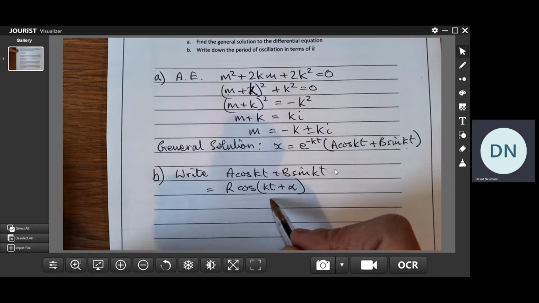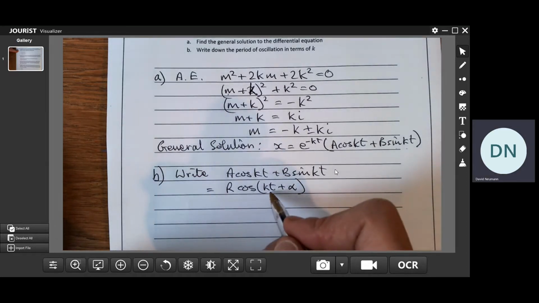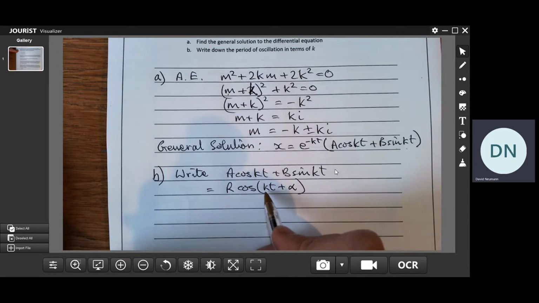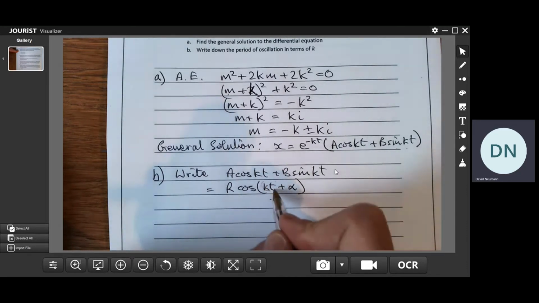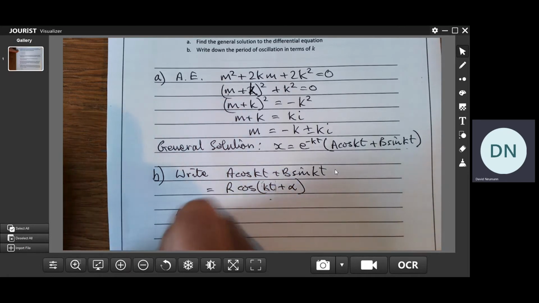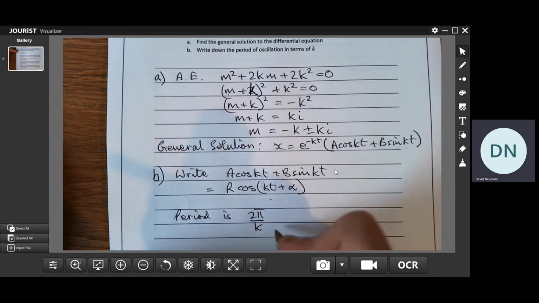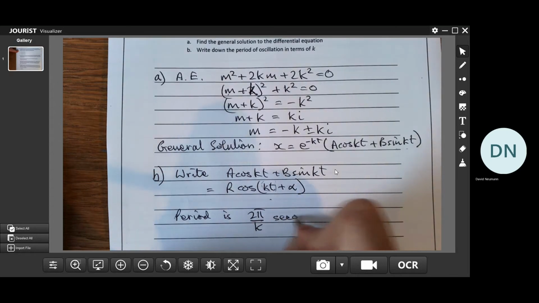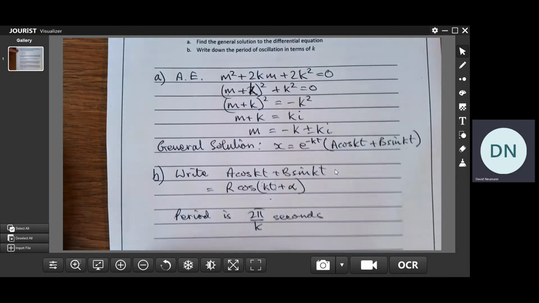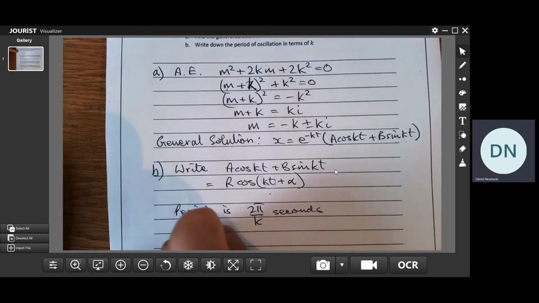The time taken, the period for that to go through a full oscillation, well, kt has got to go through 2 pi radians, so we want t to be equal to 2 pi over k. So the period is 2 pi over k, and that would normally be in seconds. So that's the period of oscillation.